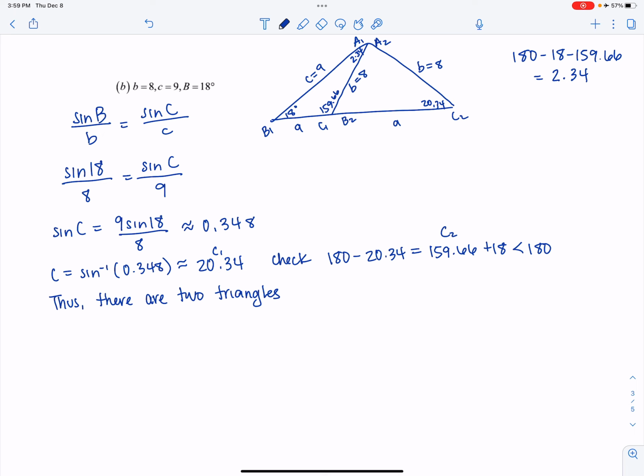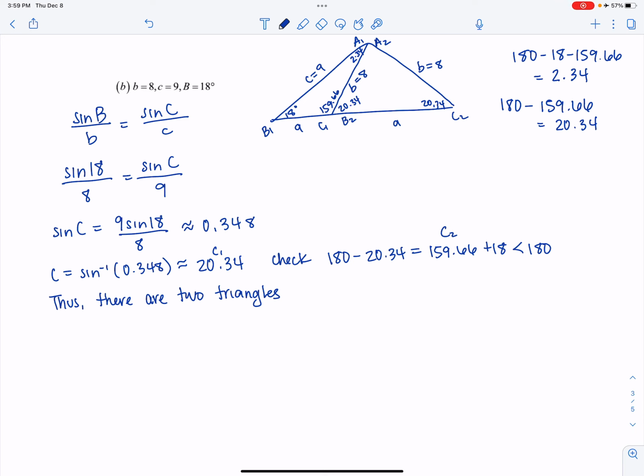Okay, so for B2, for this angle here, I know that these two angles have to create 180 degrees because that's a flat angle. So what I'm going to do is take 180 and subtract 159.66, which is going to give me 20.34. So this angle, B2, is 20.34.